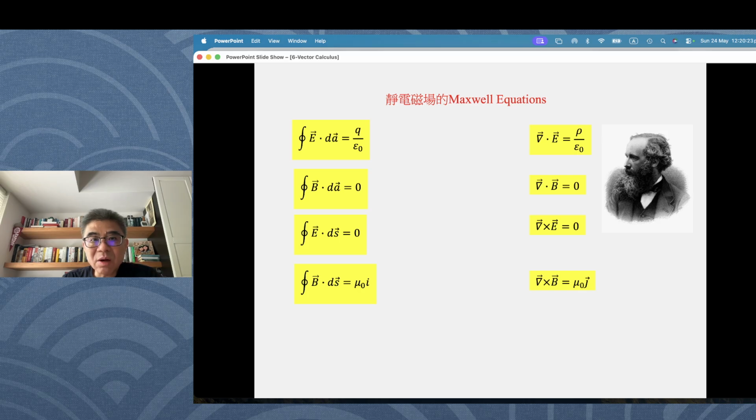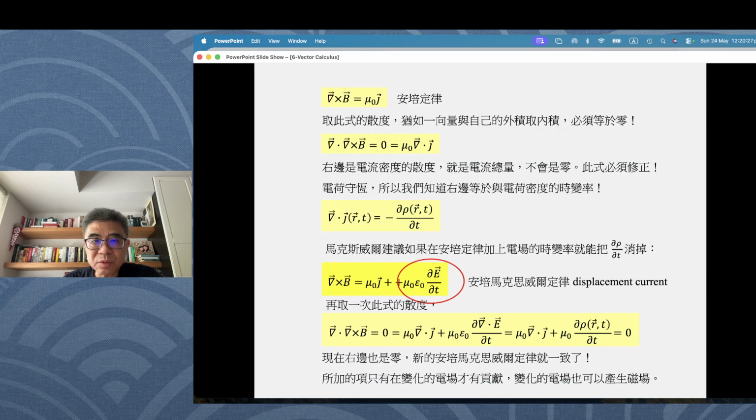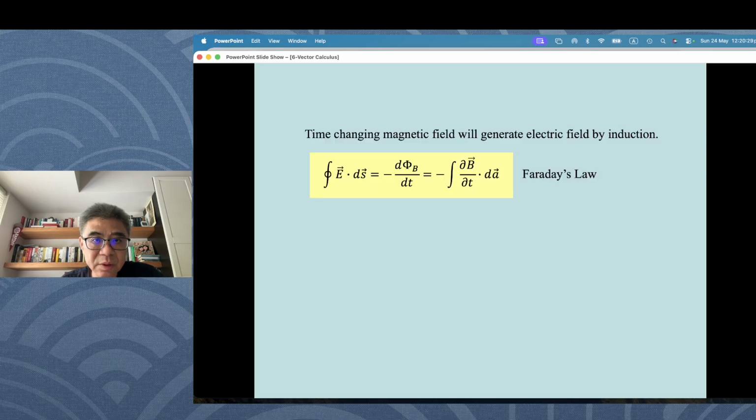But this is only for static fields. How about the changing field by induction? If the magnetic field changes, then it will generate an electric field by induction. We call it Faraday's law, which is known by almost everybody. The line integral of the electric field is no longer equal to 0 if there is a changing magnetic field.